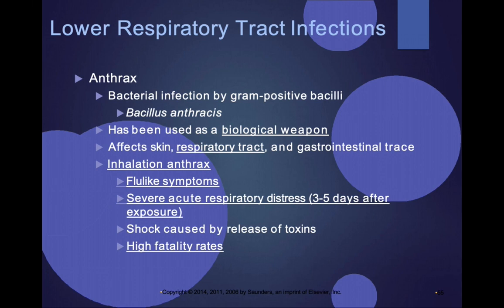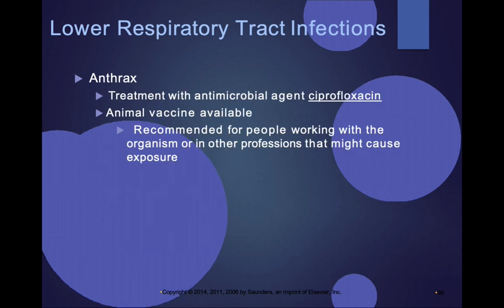And it's highly fatal. This is why it's used in warfare. The treatment is going to be Cipro or ciprofloxacin, and animal vaccines are available. It's recommended for people that work with organisms or in other professions that might cause the exposure.